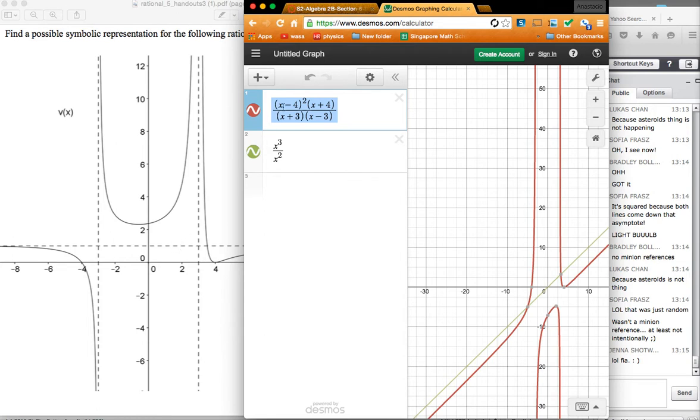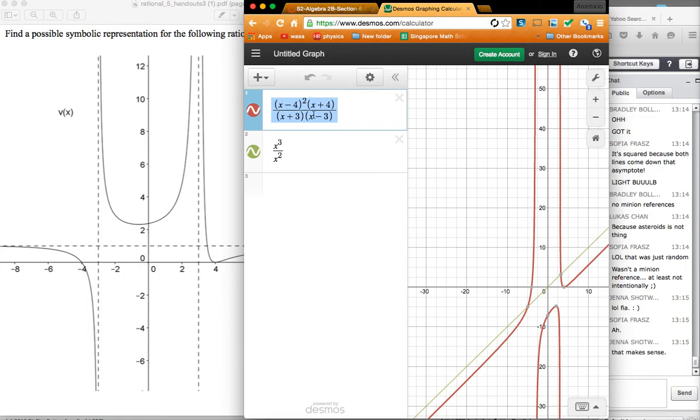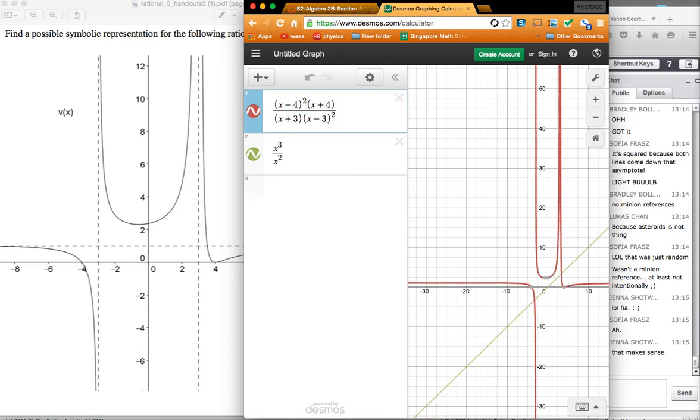The only way for this to produce a horizontal asymptote is if the degree of the top was the same as the degree of the bottom. Basically, there's the same number of x's on top as there are on the bottom. So I knew there had to be a square on one of those.